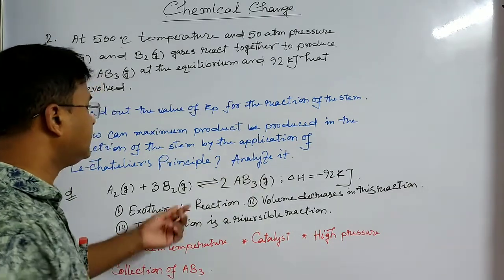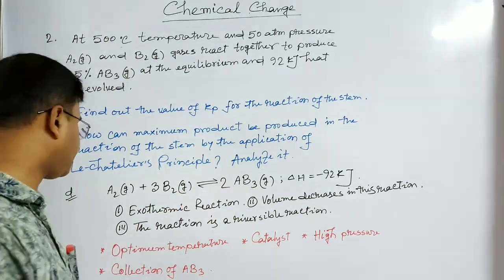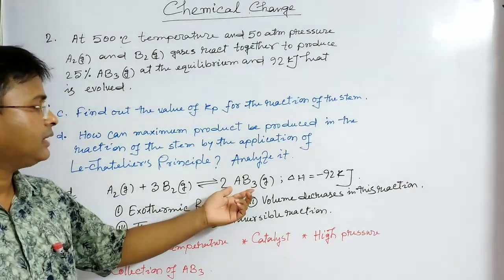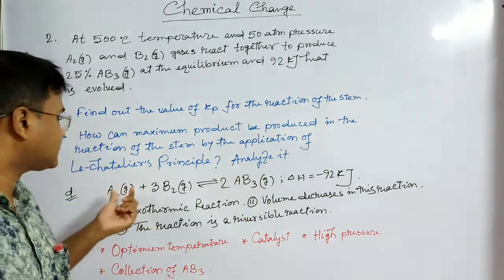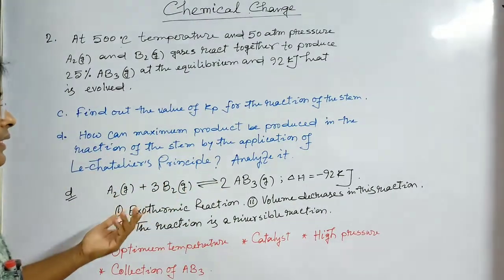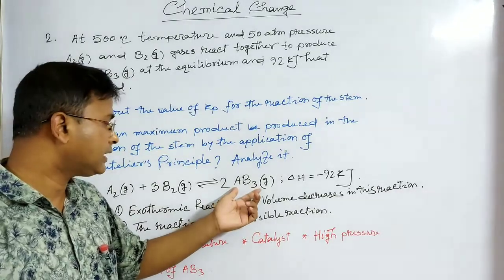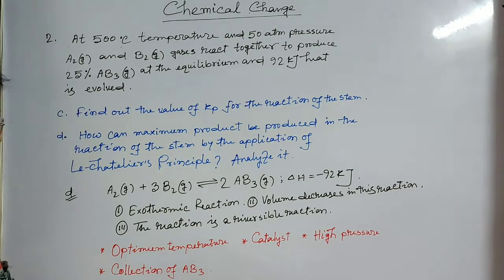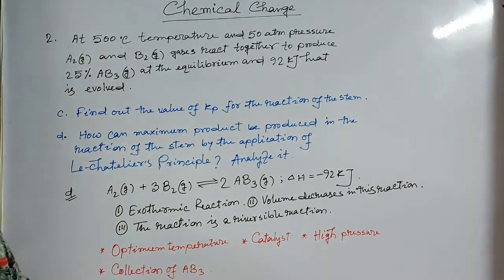In this case, an appropriate pressure is applied to produce maximum AB3, and after producing maximum AB3, it will break to produce A2 and B2 again. I mean backward reaction will occur again. To stop the backward reaction, I have to collect the AB3 from the reaction system. Then we can get maximum AB3 by the application of Le Chatelier's principle.